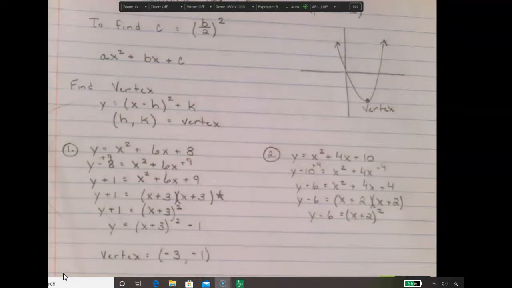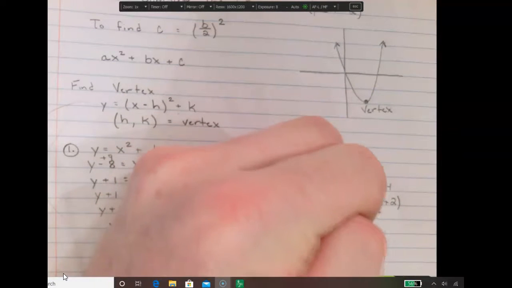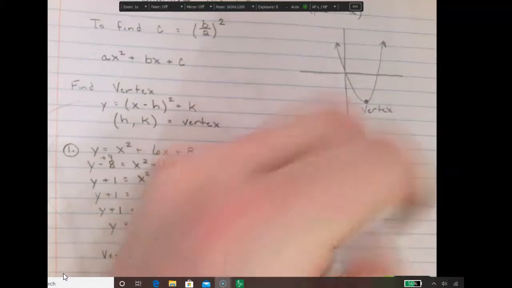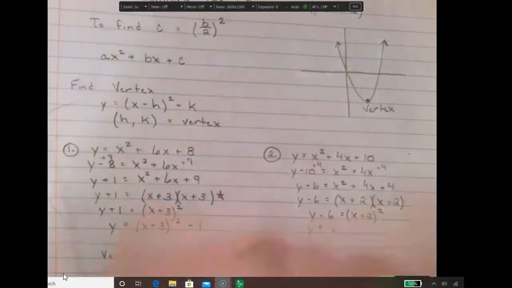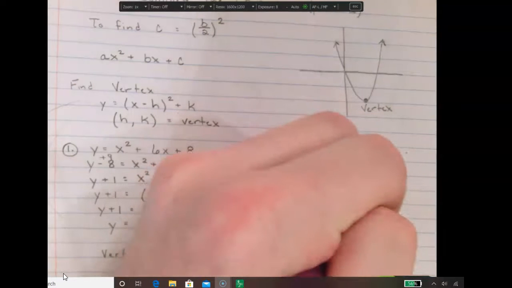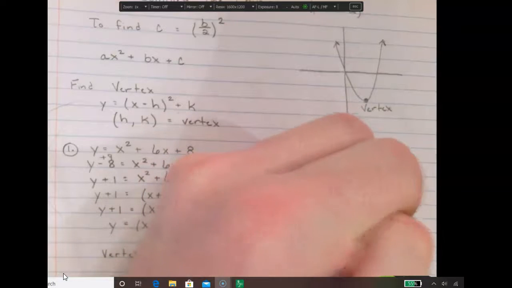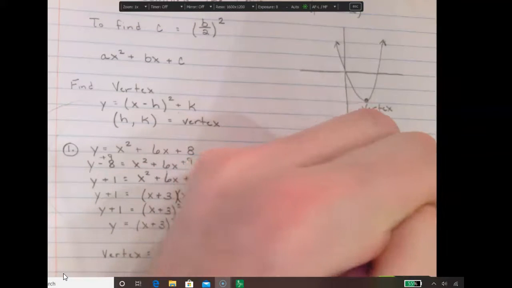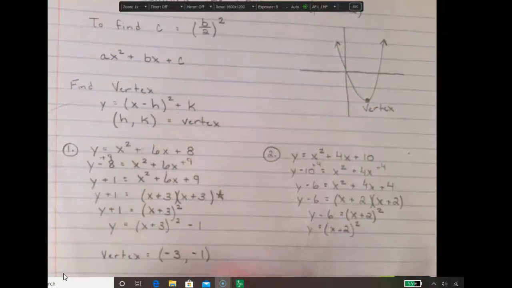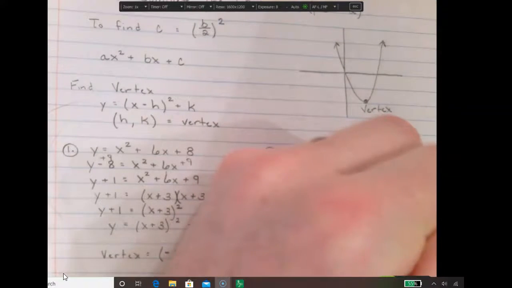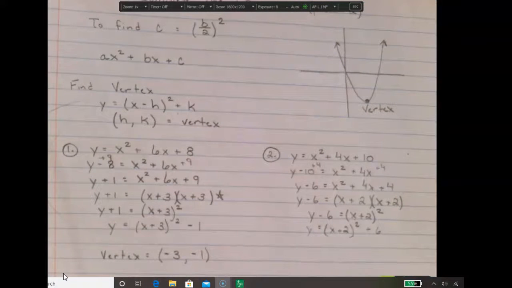Last step, get it as a y equals. So I'm going to take my 6 and add it to the other side. So y is equal to x plus 2 squared, pencil's acting up today, and then I'm going to take this 6 and add it to the other side. So plus 6. And there you have it.